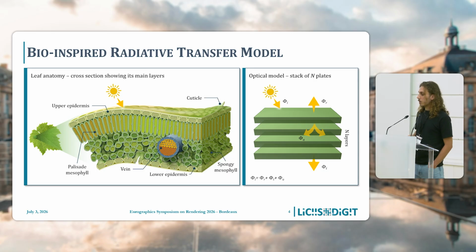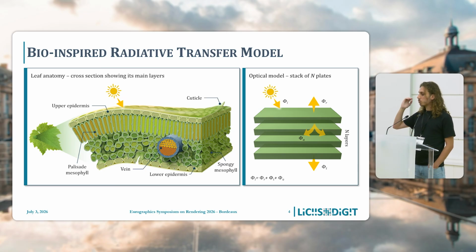So, if we look quickly at the anatomy of a leaf, we have different perceptible layers. For example, upper epidermis, palisade mesophyll, vein, etc. We want to use an optical model with efficient computation, so we want to simplify this model.